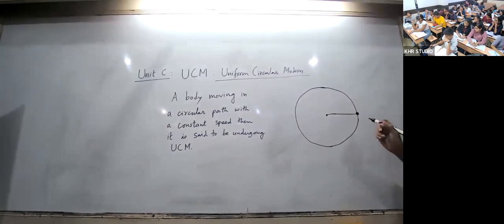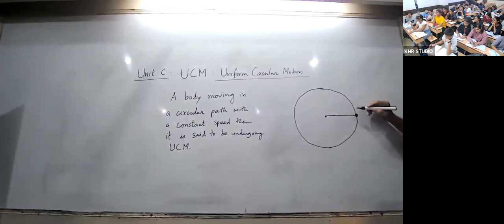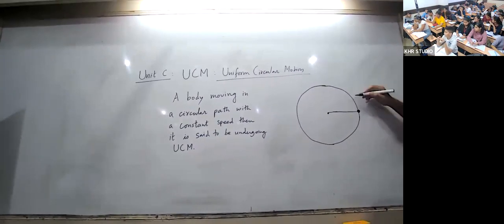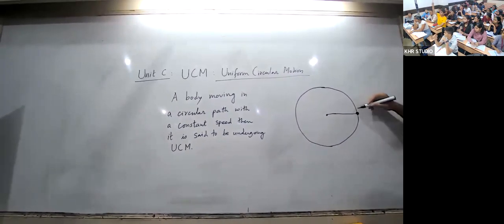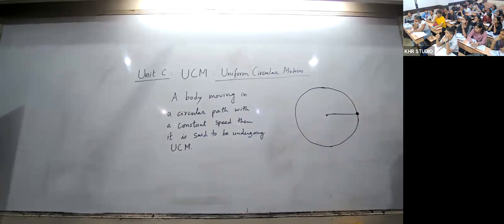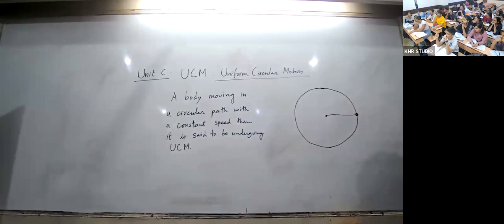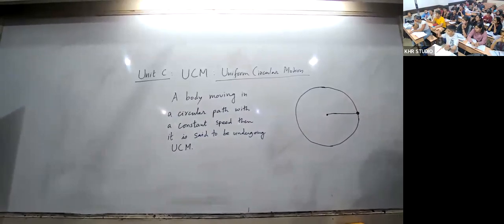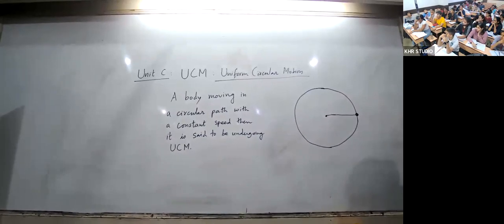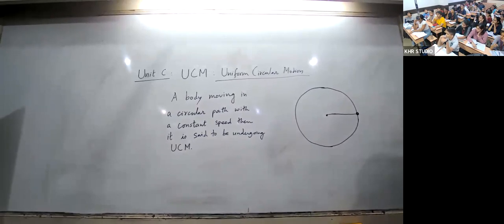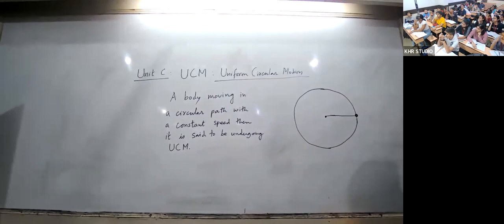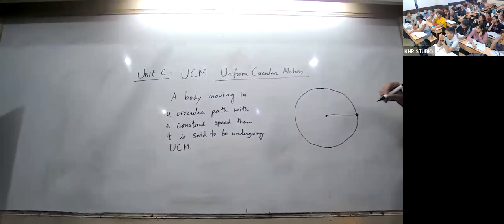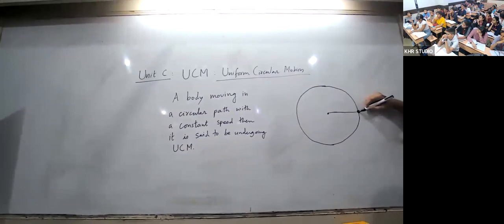Let's say when the stone is being rotated and the string breaks, does it continue in a circular path or does it go straight? Which direction will it go? Upward direction.